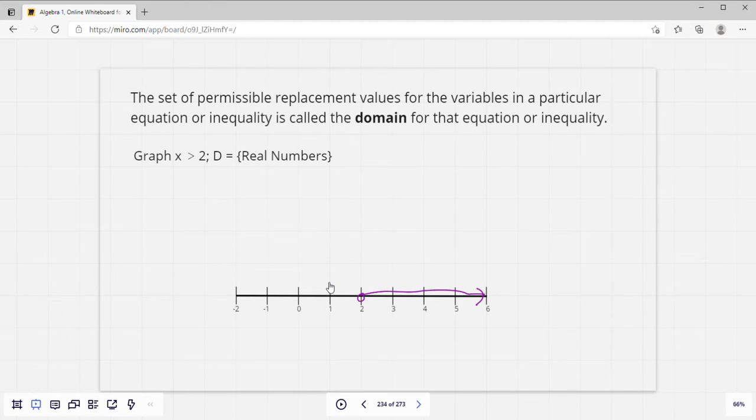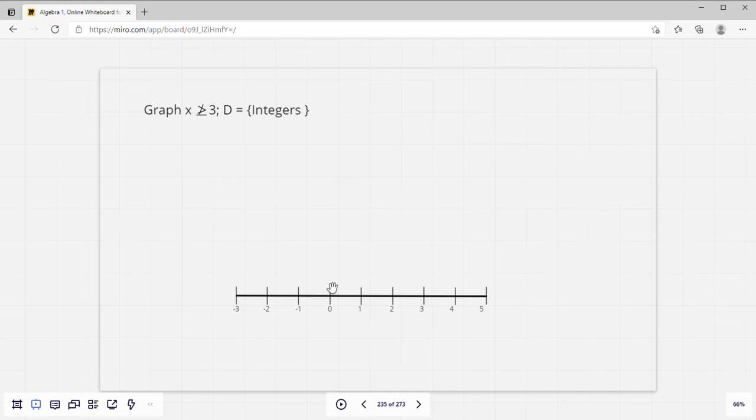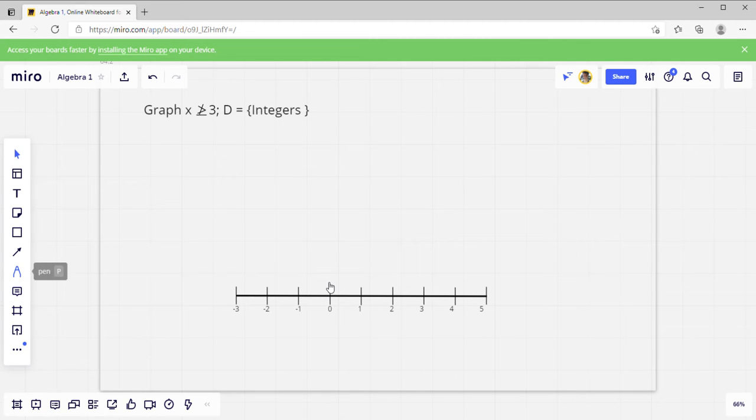Let's try another one. This one says graph X is not greater than or equal to 3. And for this one, we want to use integers. Integers are only whole numbers, negatives and positives. So X is everything that's not greater than or equal to 3. So it can't be equal to 3, but it can be equal to 2.